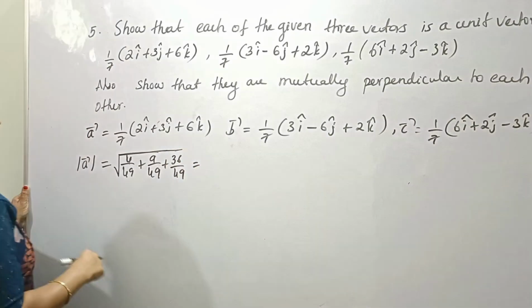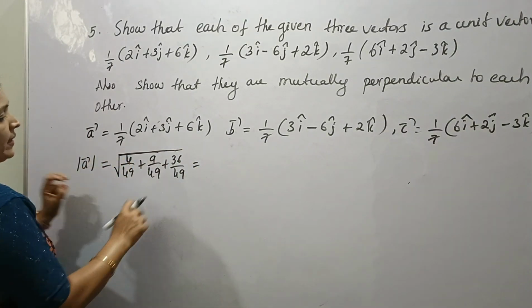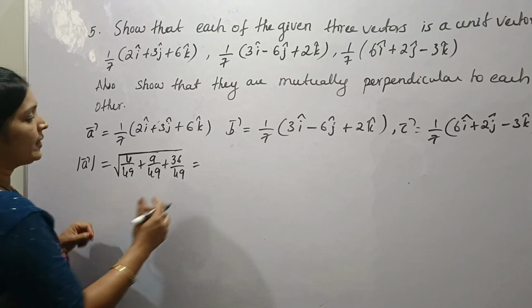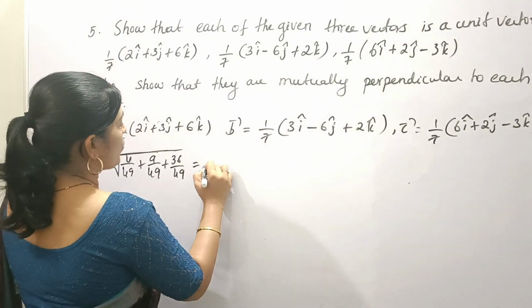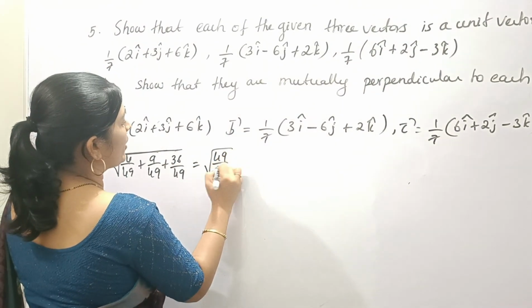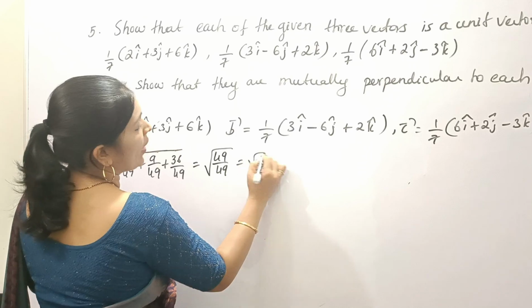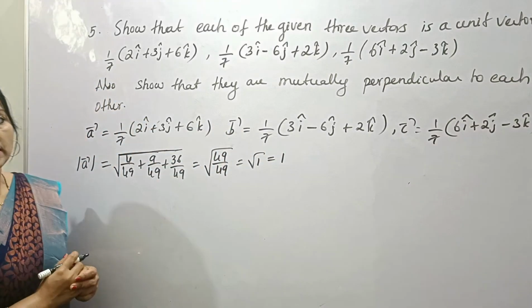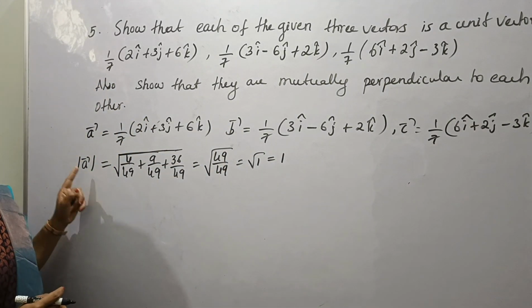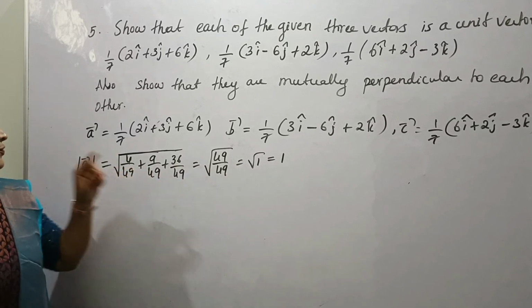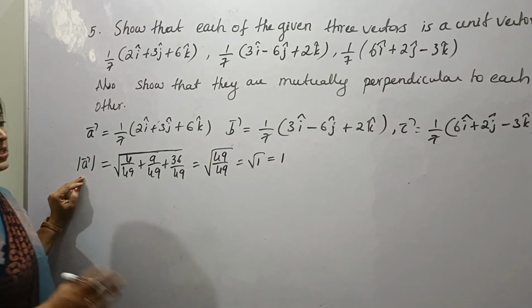That is equal to, see, 4 plus 9, 13, 13 plus 36, 49. So square root of 49 by 49, that is equal to square root of 1, which is equal to 1. So modulus of vector A is equal to 1. Therefore, vector A is a unit vector.